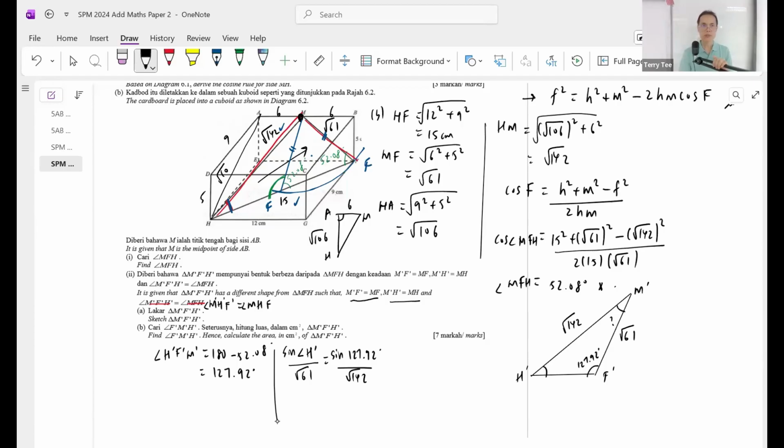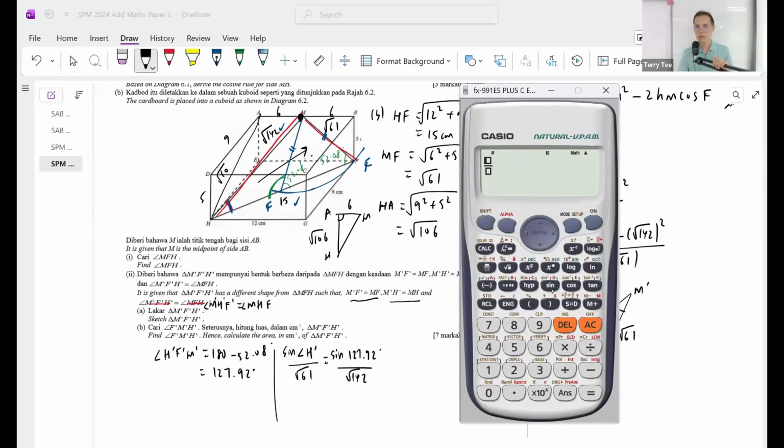Find angle H prime. So sine 127.92 divided by square root 142, you times with square root 61. Whatever I'm getting, shift sine, answer equals 31.13.